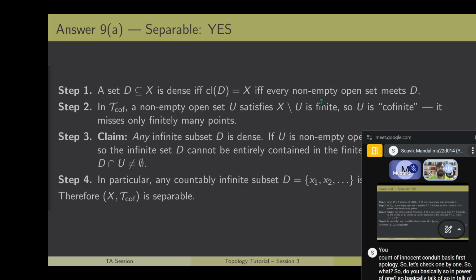That means any infinite set is dense. Why? Because if you take any nonempty open set, an infinite set cannot lie entirely inside the finite complement, so it must intersect the open set. That's why U intersection D must be nonempty. So in particular, any countably infinite set is dense. Therefore, (X, tau) is separable.